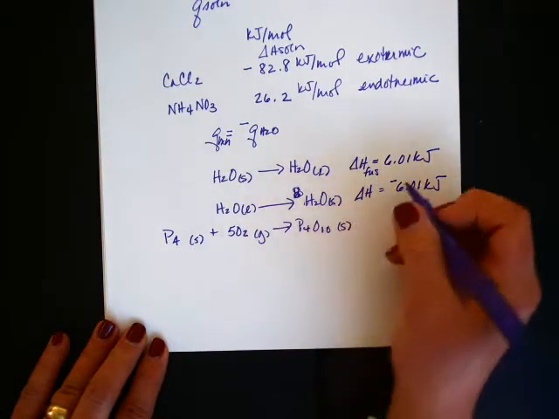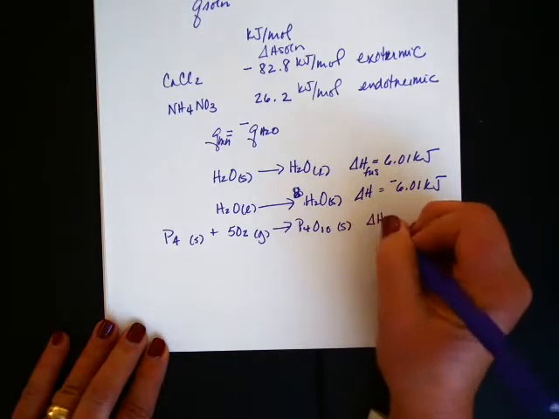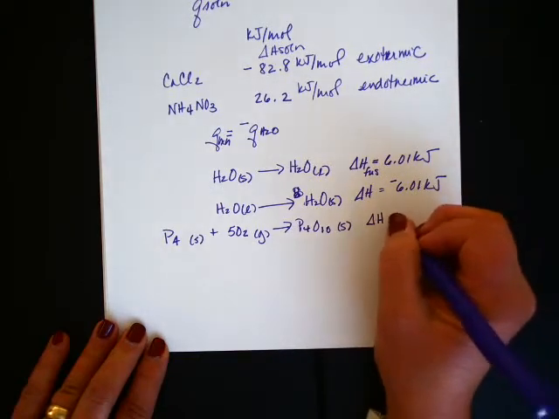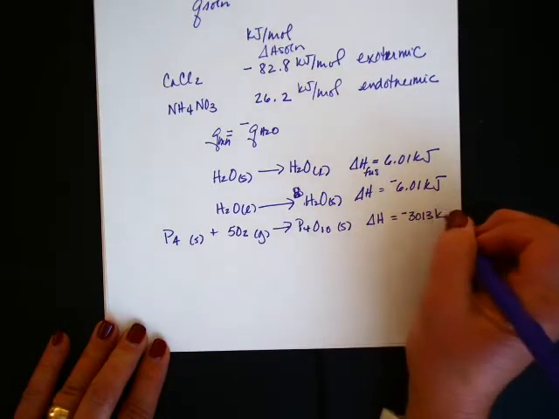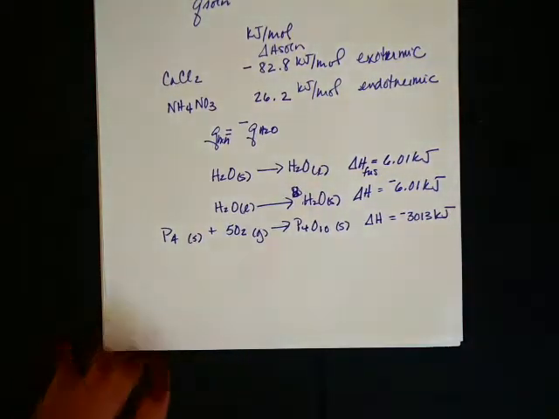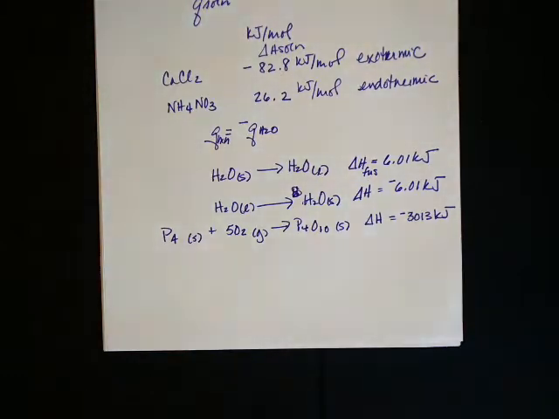And the delta H of this reaction is negative 3013 kilojoules. And that's per mole of P4.